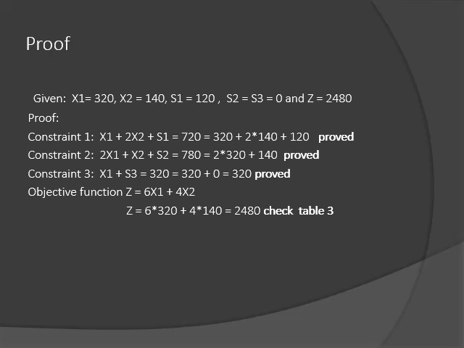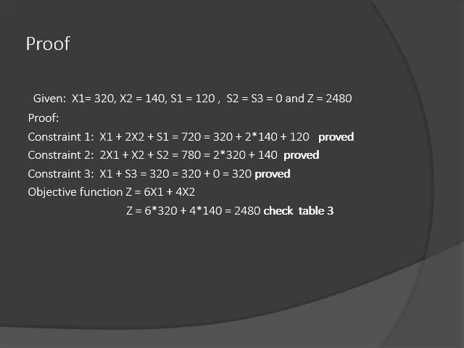Let's move to constraint number 2, which states that 2x1 plus x2 plus s2 equals 780. Then 2 times 320, because x1 equals 320, plus 140, x2 equals 140, s2 equals 0.